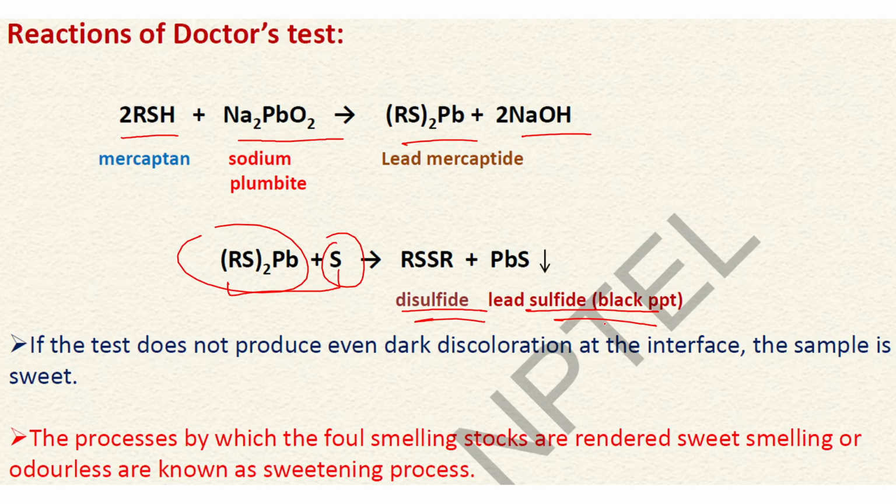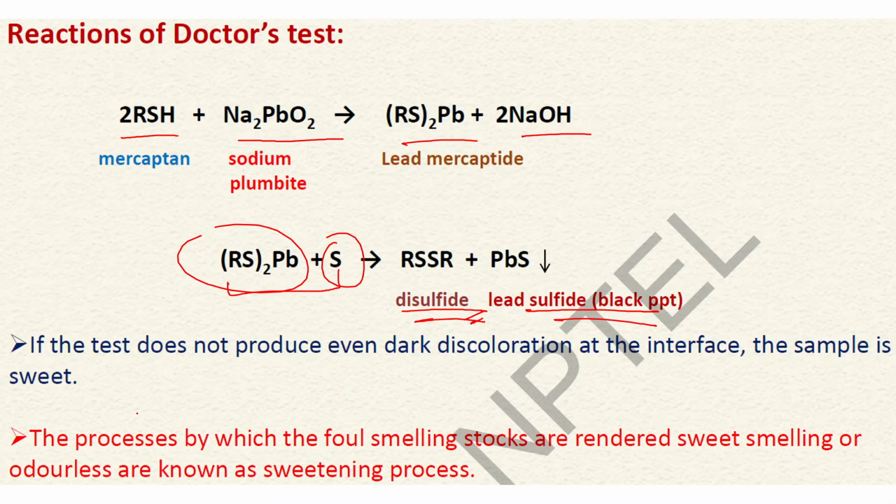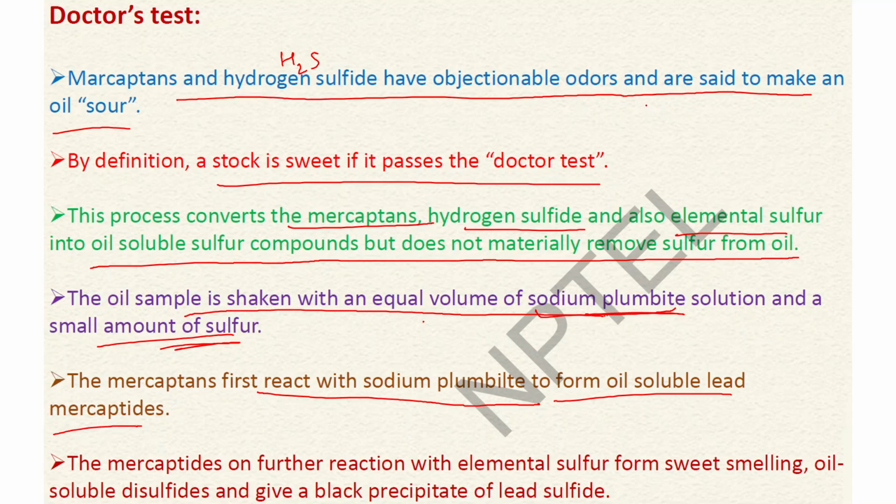This disulfide is soluble in oil. So the mercaptans first react with the sodium plumbite to form oil-soluble lead mercaptide. This lead mercaptide formed here is oil-soluble.